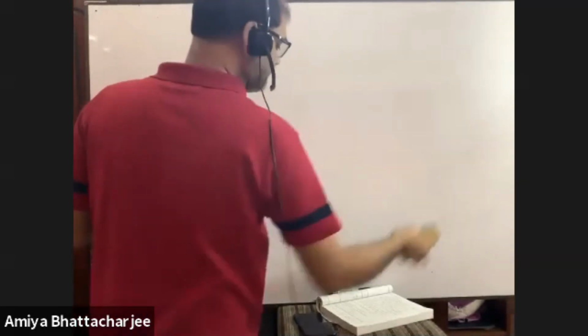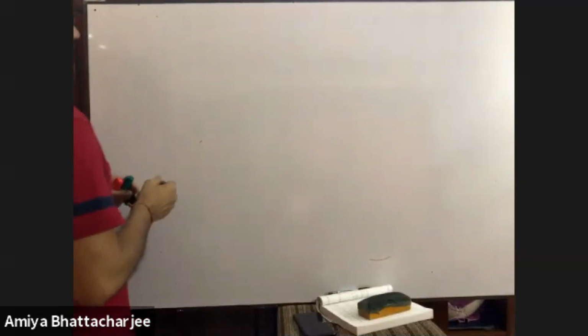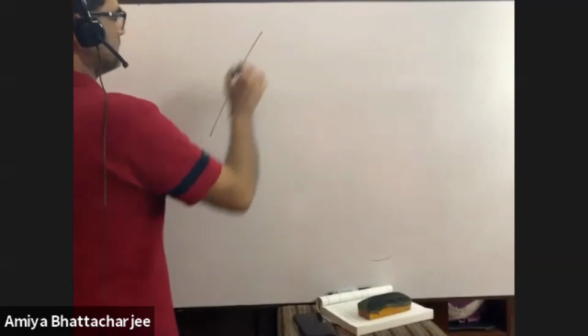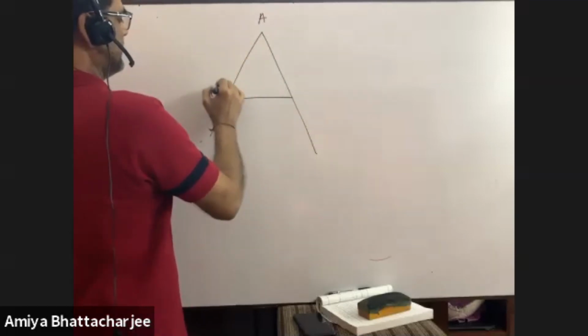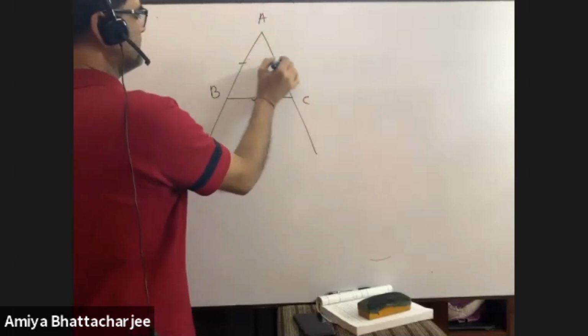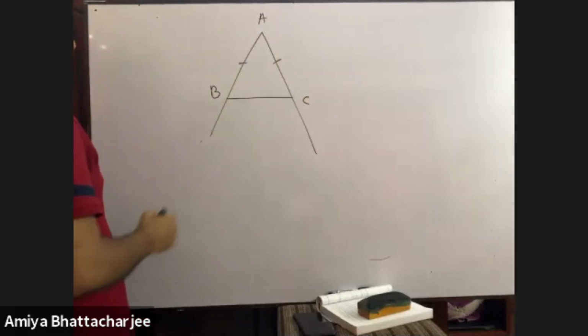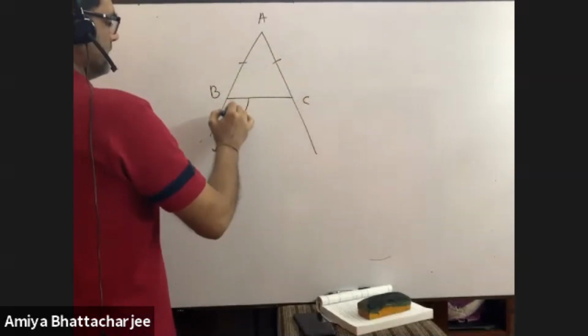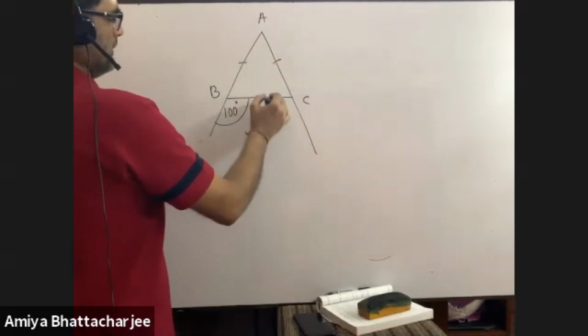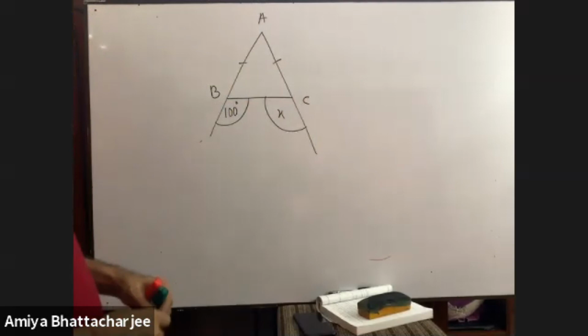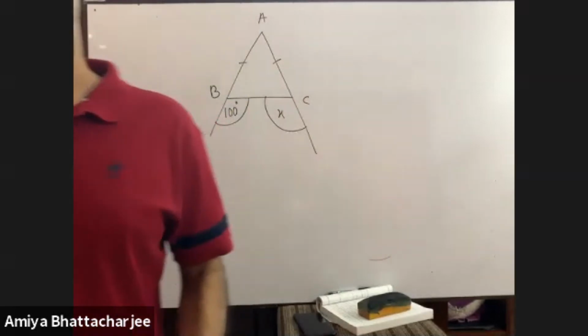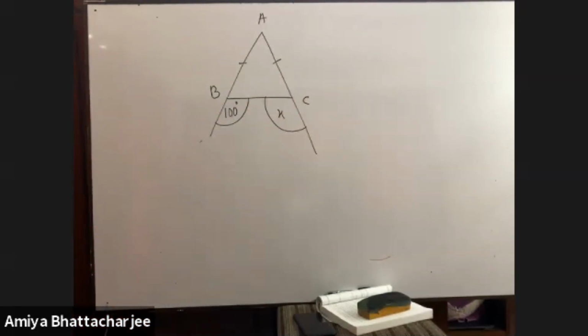You will see another math. A, B, C. These are equal. And it is given 100 degree. It is X. What is the value of X? What is the value of the unknown?